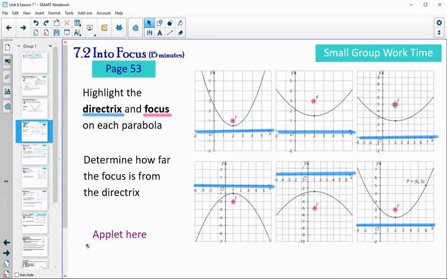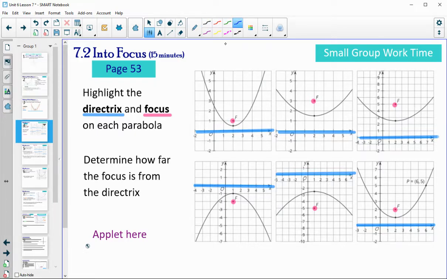And then highlight the focus, that point F on each image. And then I'd like you to determine how far the focus is from the directrix. So how far is the distance between the focus and the directrix, and how does that change these parabolas?